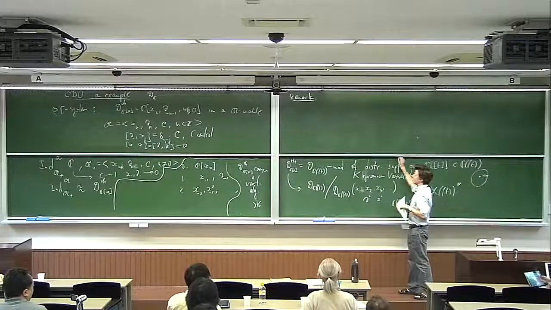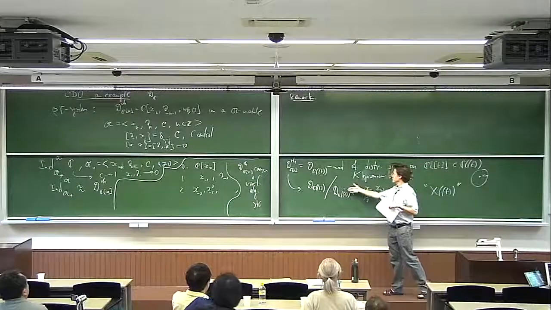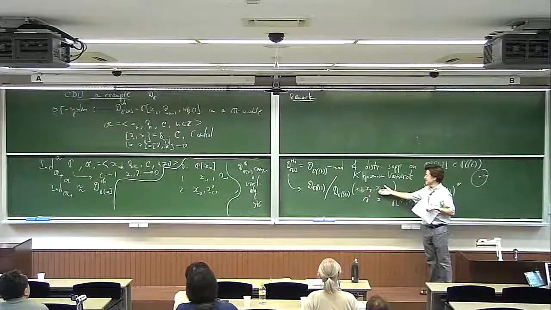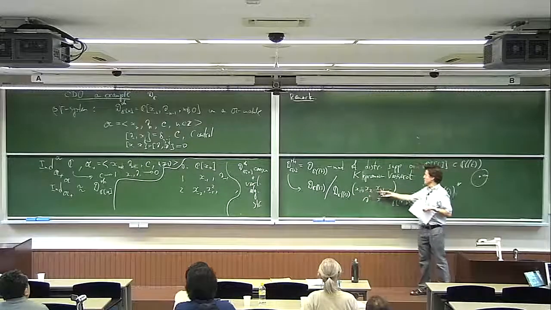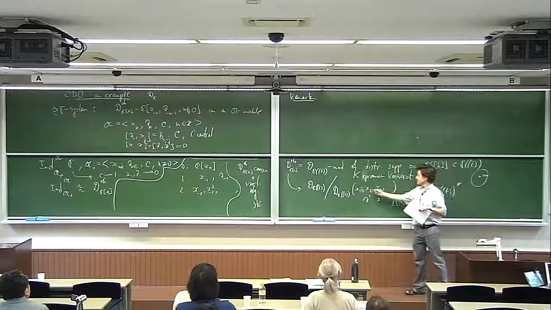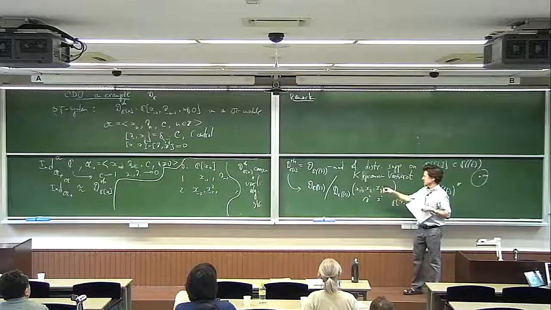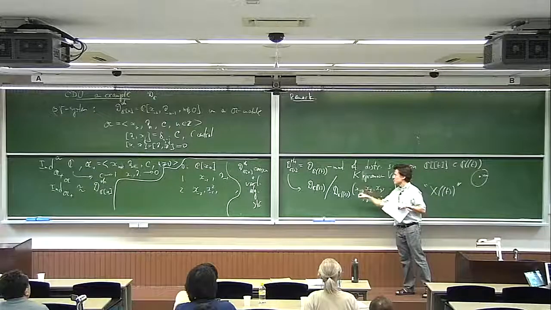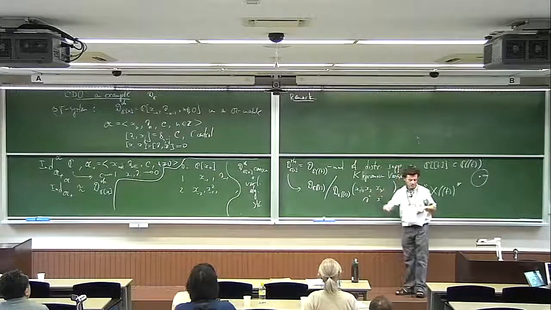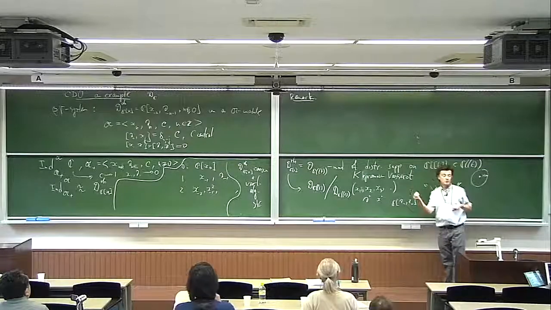So you always get the module supported there if you kill these variables. And Kashiwara's theorem says that, at least in finite dimensions, it's going to be the direct image of a certain D-module living on this subspace. But what D-module are we talking about?